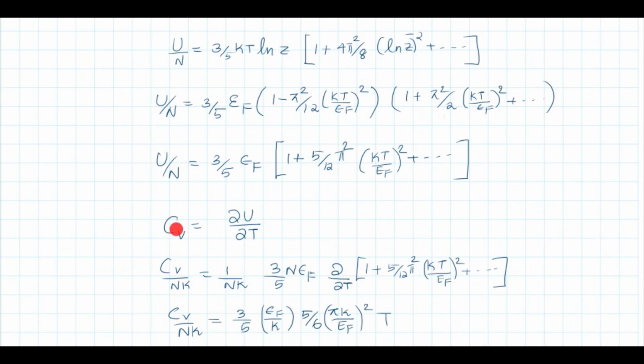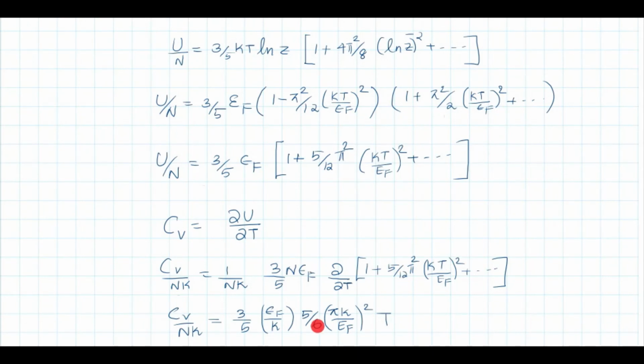So CV, specific heat capacity, is dou U by dou T. So CV by Nk, you can write it as 1 by Nk into dou by dou T of U. U is, you can take this N to this side. So 3 by 5 N EF is constant, then dou by dou T of this quantity. When you take the derivative with respect to temperature, this one's derivative is 0. For this quantity, the derivative of T square is 2T, so this 12 becomes 6.